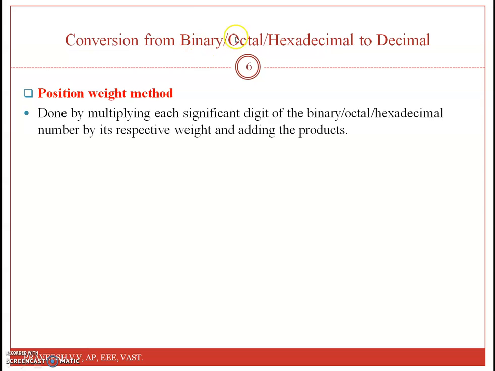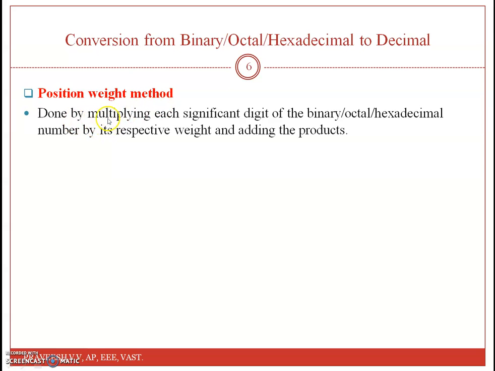For a binary number, the position weights are powers of 2, for an octal number powers of 8, and for hexadecimal powers of 16, because the base or radix is 2 for binary, 8 for octal and 16 for hexadecimal.